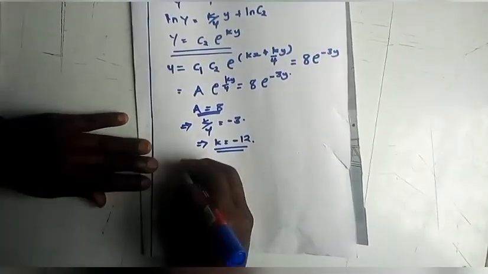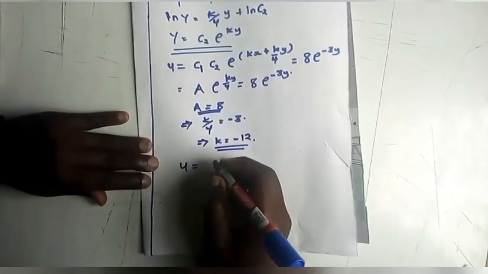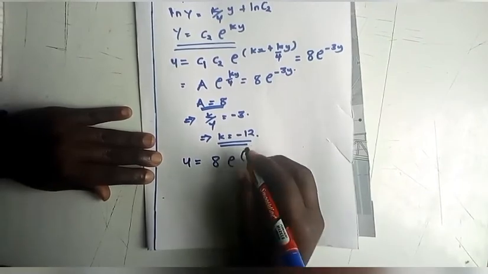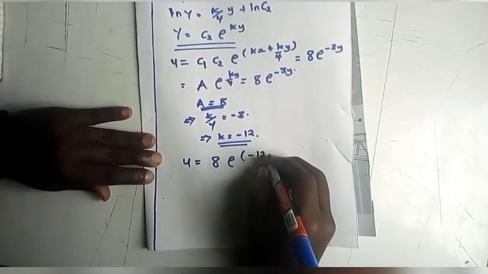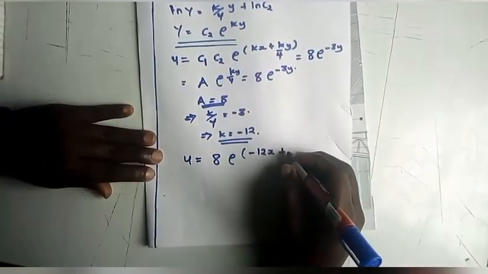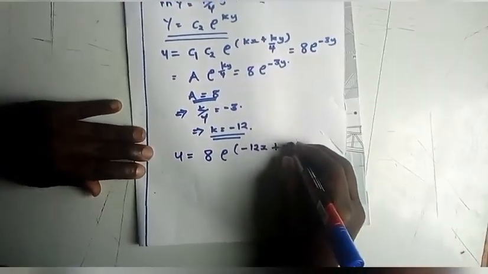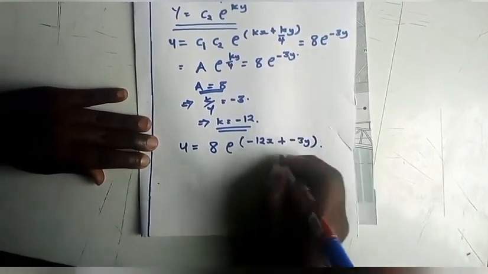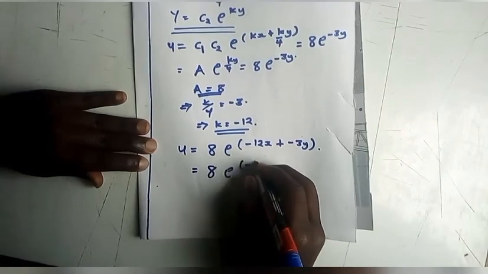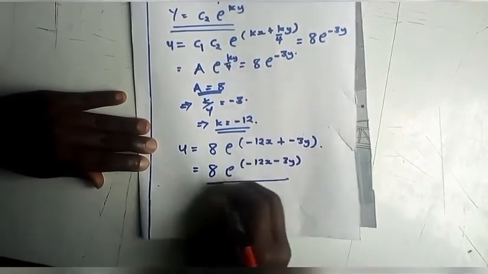Okay, and now our solution is going to be u is equal to c1 c2, a constant 8, exponential, k is negative 12, so you have negative 12x plus k over 4 y, which is negative 12 over 4, that is negative 3y. Okay, and this is 8 exponential negative 12x minus 3y. Okay, and this is our answer.